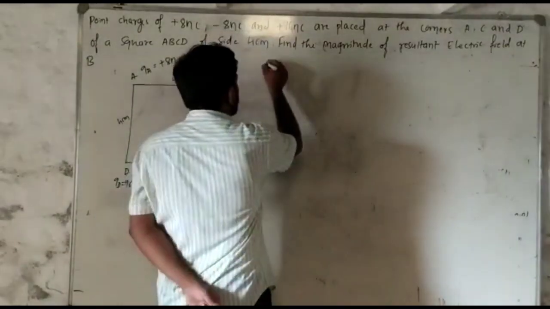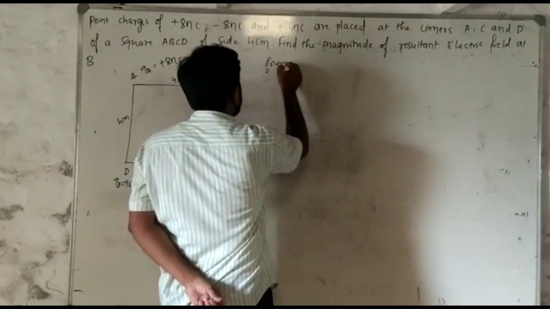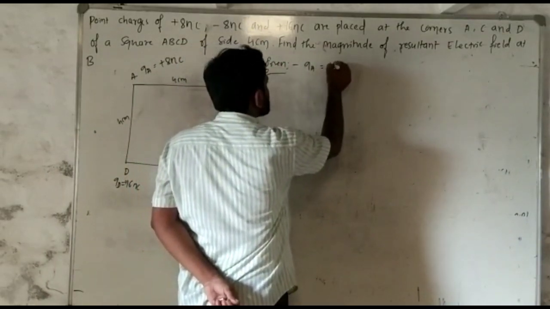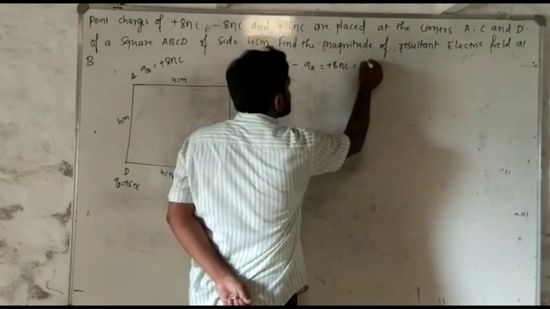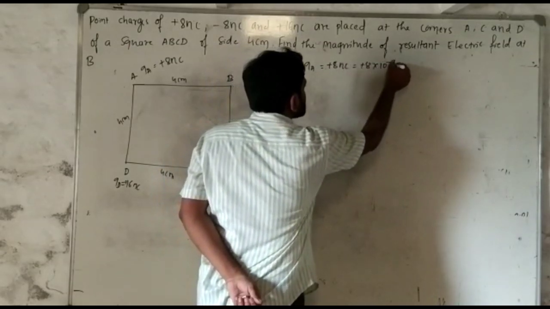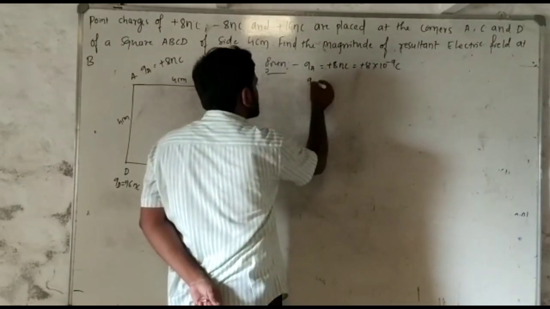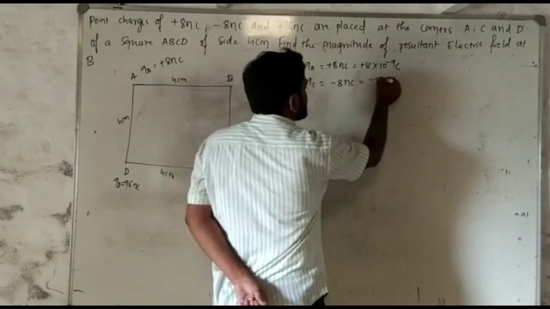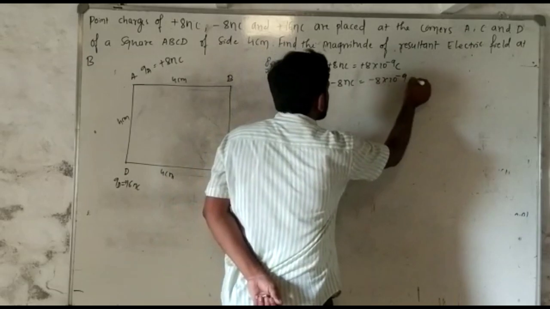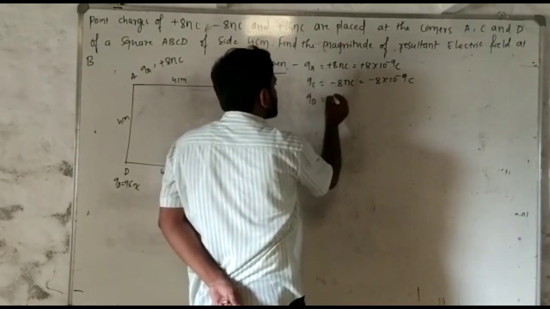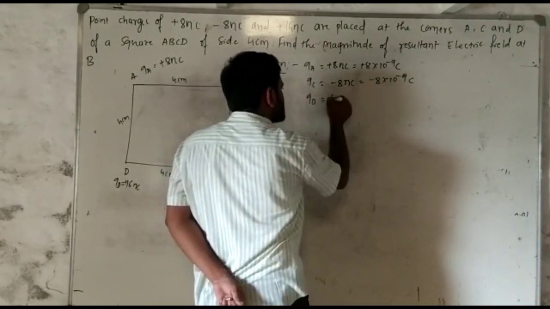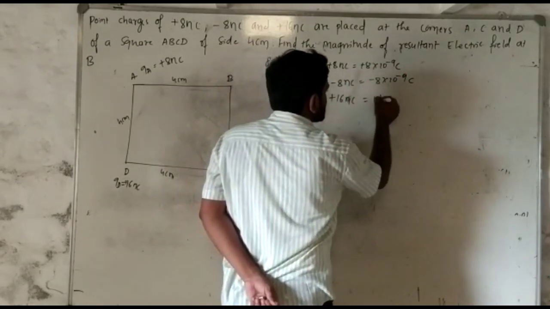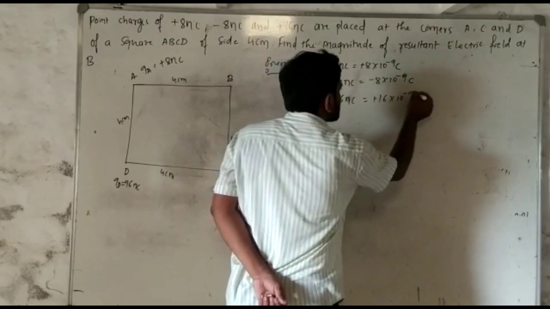First, write down the given values. Given QA is equal to plus 8 nanocoulomb, or plus 8 into 10 raised to minus 9 coulomb. QC is equal to minus 8 into 10 raised to minus 9 coulomb, and QD is equal to plus 16 nanocoulomb, or plus 16 into 10 raised to minus 9 coulomb.